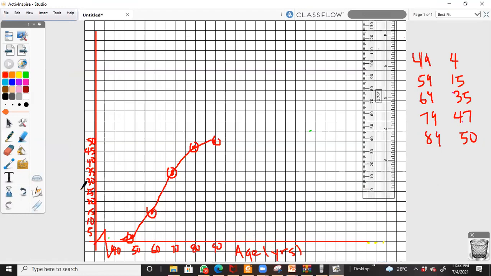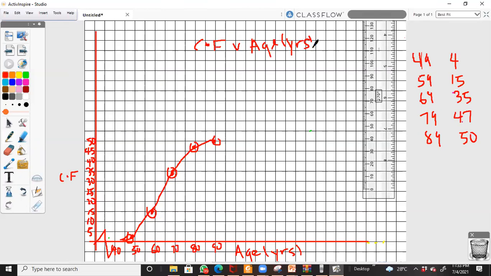Then here you put your cumulative frequency. You have to remember that you put your cumulative frequency versus age, in brackets years.